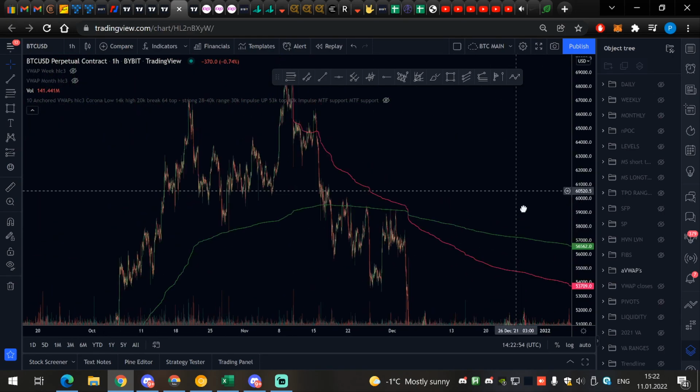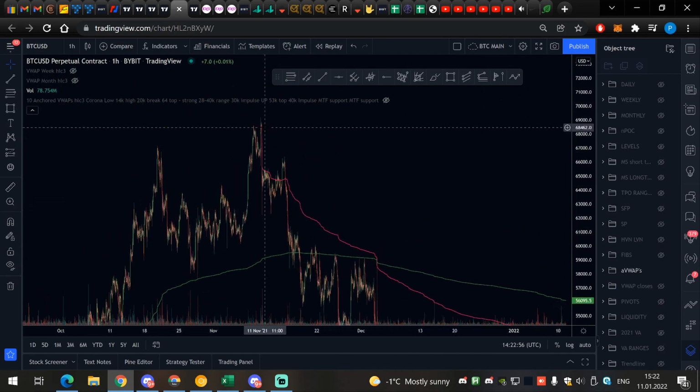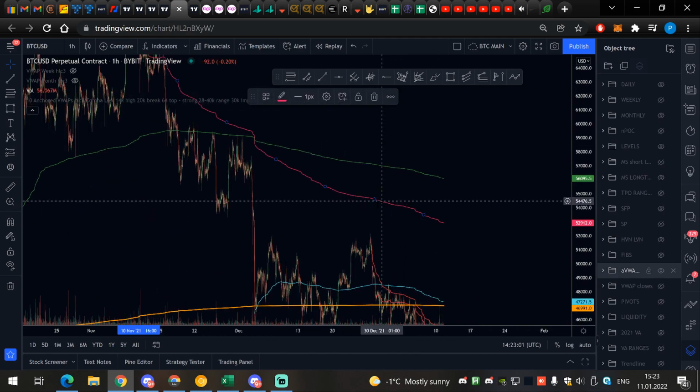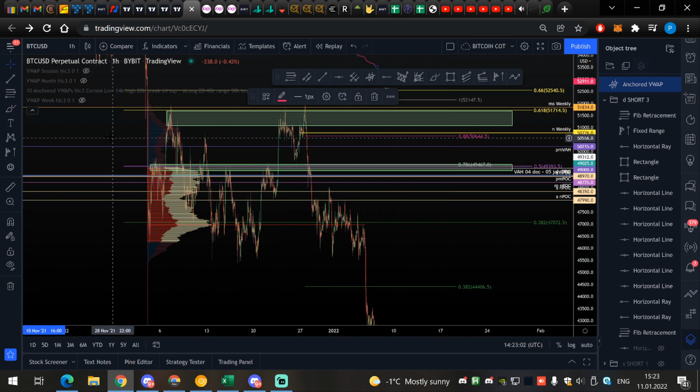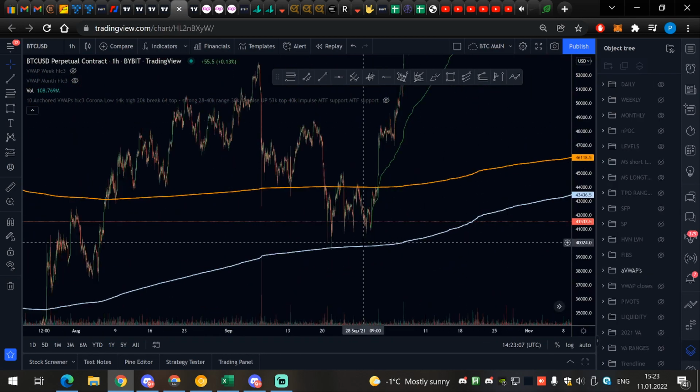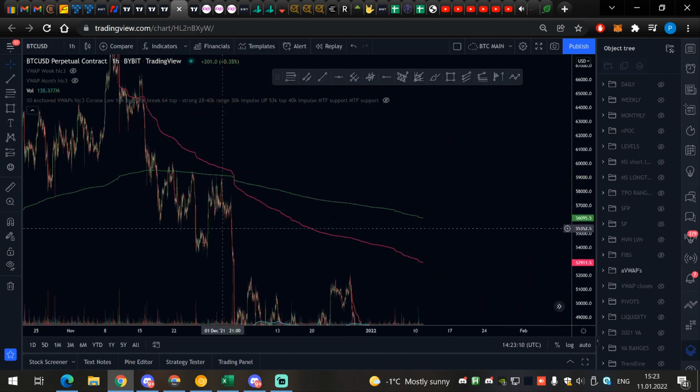Okay, look what we got here. So we have the overall, when we started to go downtrending, this VWAP needs to come for our help. And now we need, this one is from where? This is from overall uptrend start, yes. Also important one.